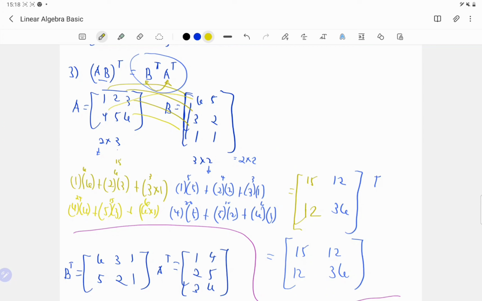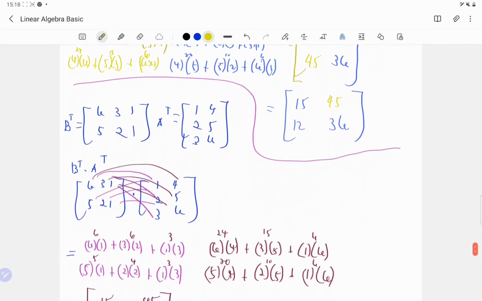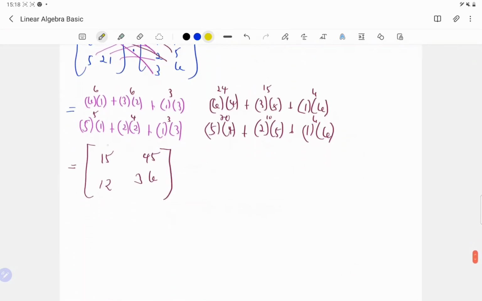Okay, 24 plus 15 plus 6 is 45. Yeah, we found it. I think we're almost there. This is 45, and when it is transposed, the 45 will be here. Okay, let's see if they are the same. 15, 45, 12, 36. 15, 45, 12, 36. We made it. Yay, thank you.